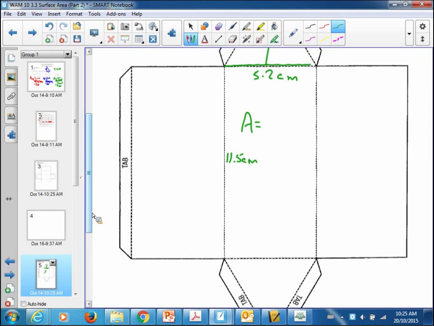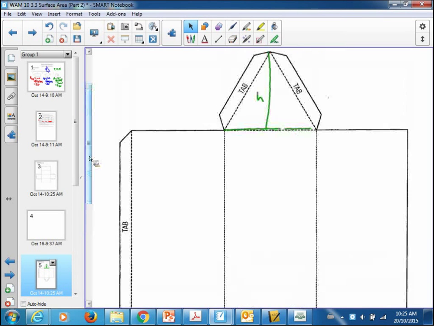Area is equal to 5.2 times 11.5, and then come up with your centimeters squared answer. We'll erase those numbers, like I said, I'm just making up measurements. But measure things out, then cut and fold, and make sure you write everything on the inside.